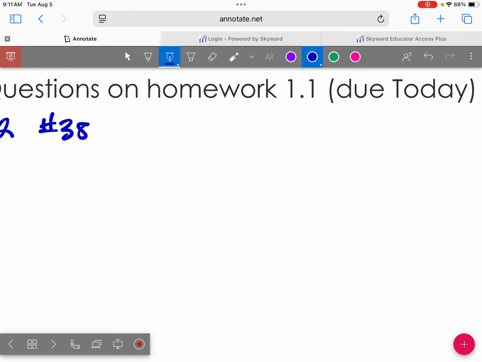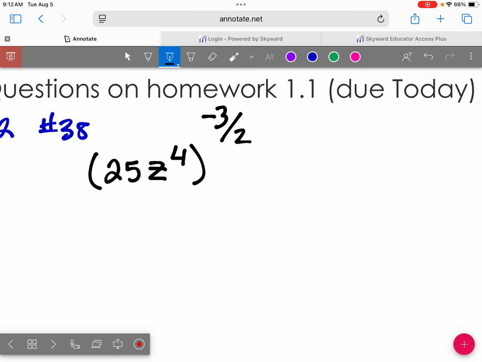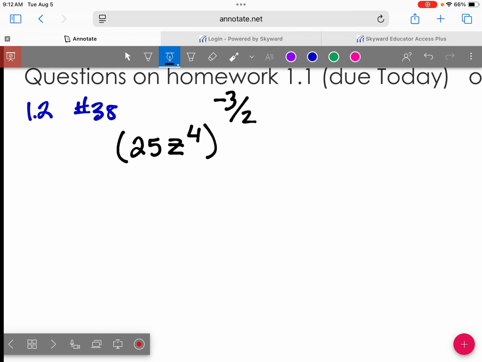And 38, that one is our black. We've got 25z to the 4th to the minus 3 over 2. Yeah, that one's weird. There's lots of pieces there. So, first things first, what does a negative exponent do?